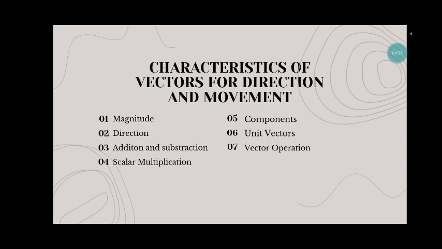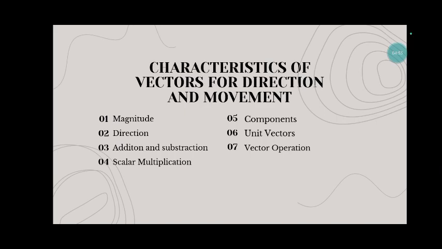So, characteristics of vectors for direction and movement. So first, which is magnitude, represents the size or length of the vector, indicating the distance or scale of the movement. 2. Direction specifies the orientation or heading of the movement, often described using angles or directional terms. 3.